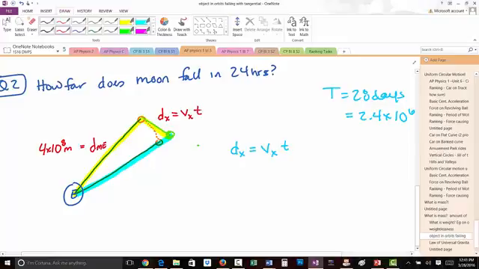That time is going to be 24 hours. That velocity you can figure out because you're clever. Because you know how far it goes around in 28 days, and you know how long it takes to go around in 28 days. Find that blue part. Subtract off the distance it falls. Go, go, go. You can do this. I believe in you.